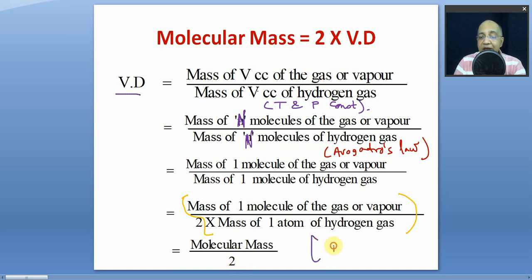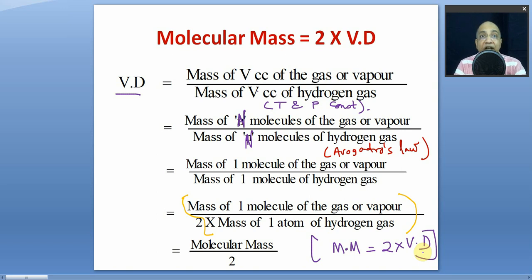So now we started from VD and ended with molecular mass by 2, which means the molecular mass of any gas or vapor is equal to 2 into vapor density. This is applicable only for the vapor phase. There are some liquids which are very volatile, which can be converted to their vapor, and their vapor densities can be measured, and we can get their molecular mass by multiplying with 2.